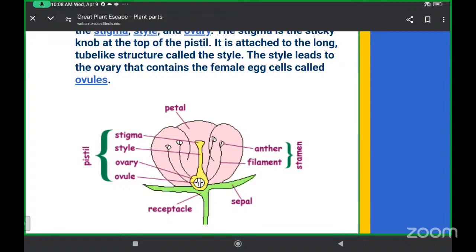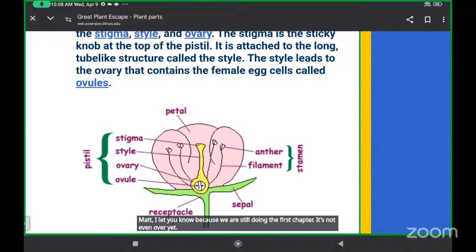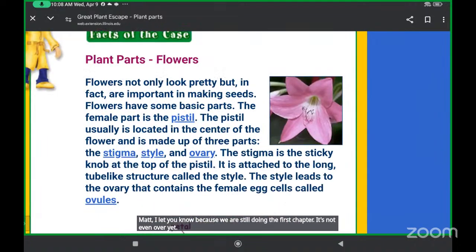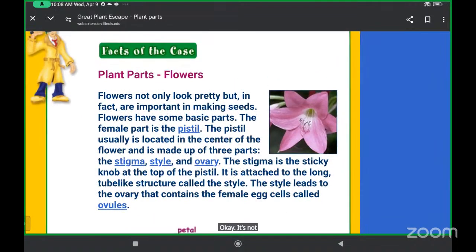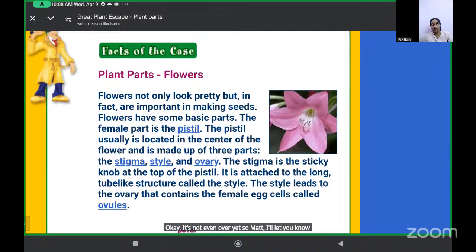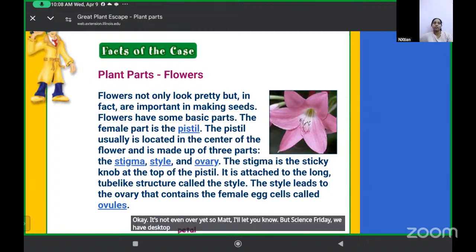Math first chapter test, I'll let you know because we are still doing the first chapter. It's not even over yet. So math I'll let you know. But science, Friday we have the test of the second chapter.